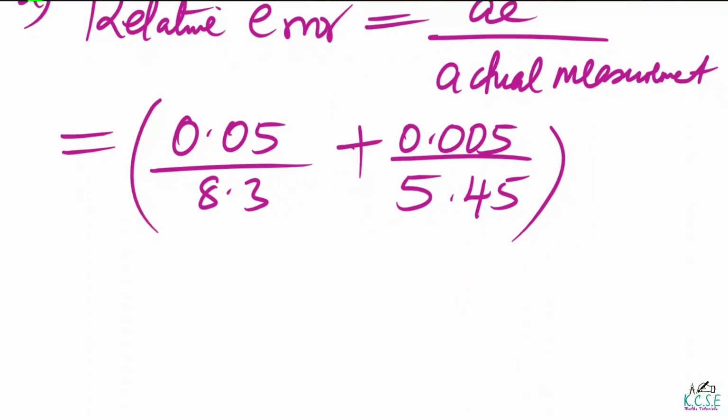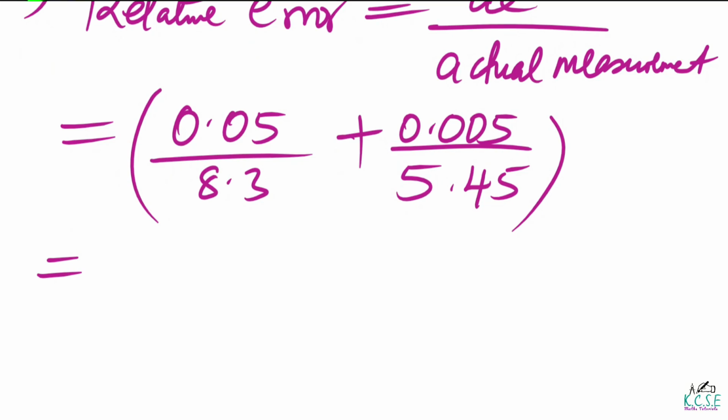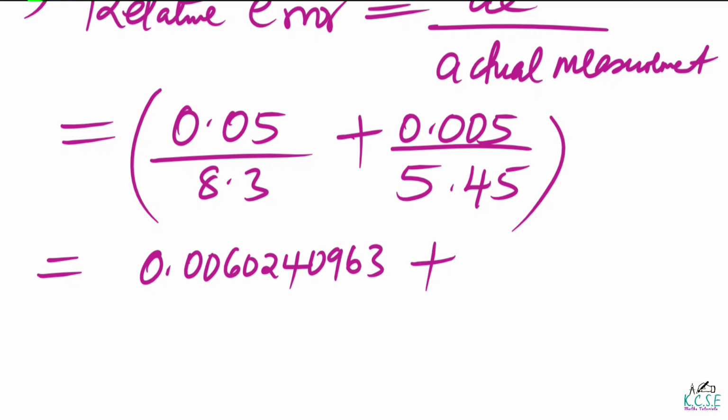Working this out using the calculator, 0.05 divided by 8.3, we get 0.0062400963, then plus 0.05 divided by 5.45, we get 0.000217419. So those are the figures that you get.